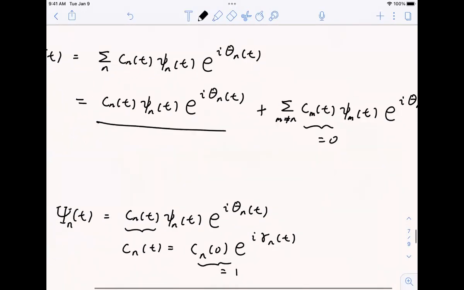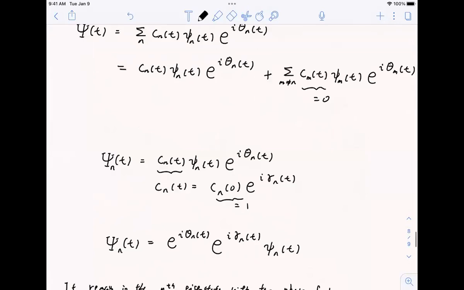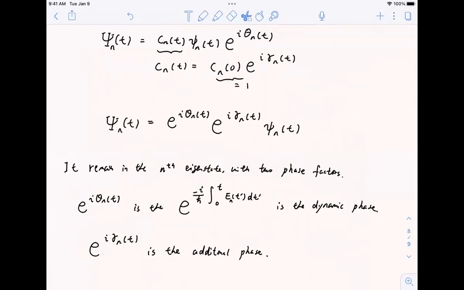So then you have this term. Okay, so that's clear.